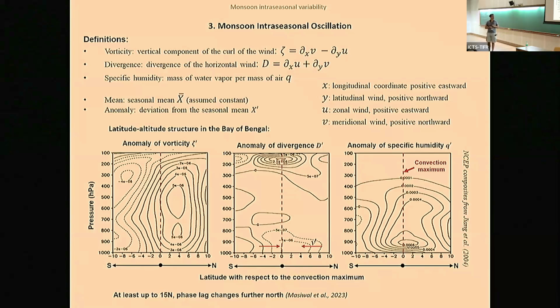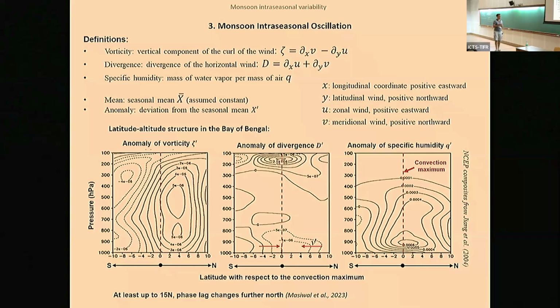And so essentially the mechanisms that are based on this link between vorticity, convergence, then maximum humidity, and then convection are things that are weakening with the latitude.